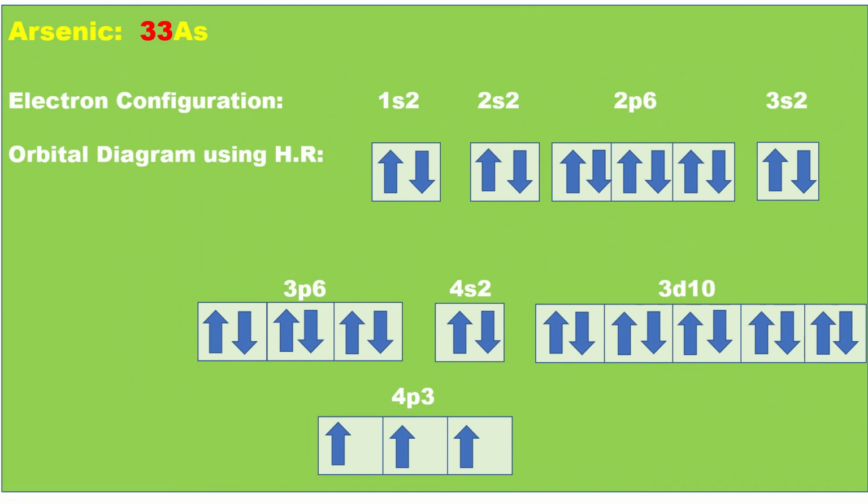Next example, arsenic. The atomic number is 33. Meaning, in a neutral atom, the number of electrons of arsenic is also 33. First is to write the electron configuration, which is 1s2, 2s2, 2p6, 3s2, 3p6, 4s2, 3d10, and 4p3.